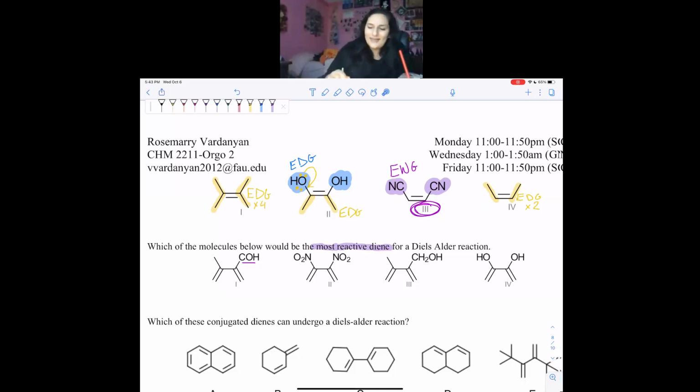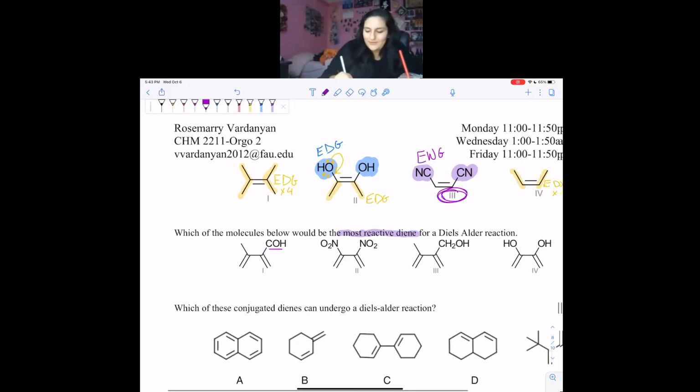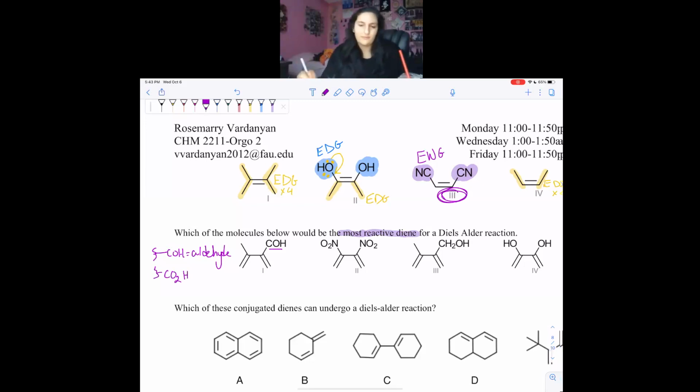Yes, it's an aldehyde. So remember COH equals aldehyde. What about CO2H? Mm-hmm.